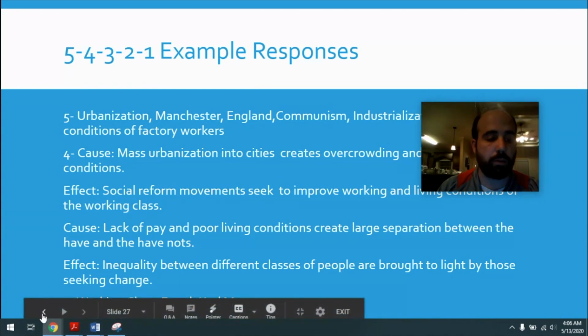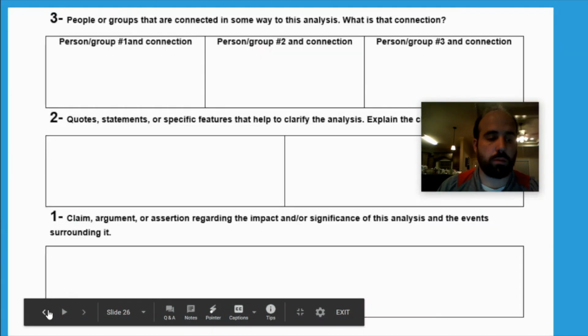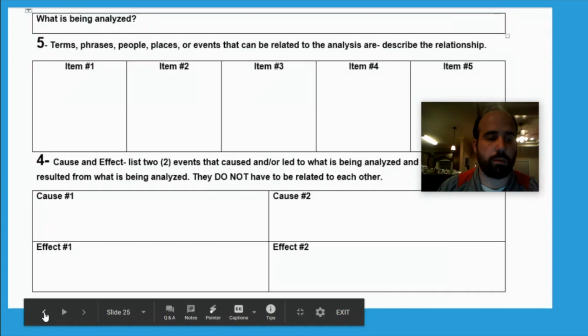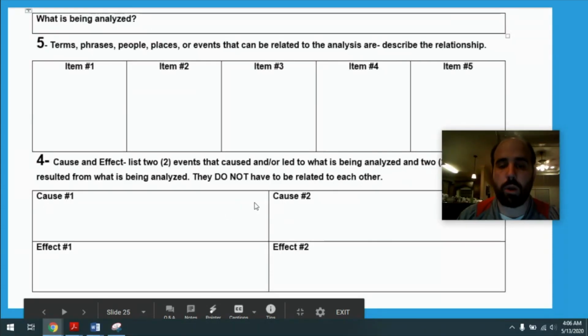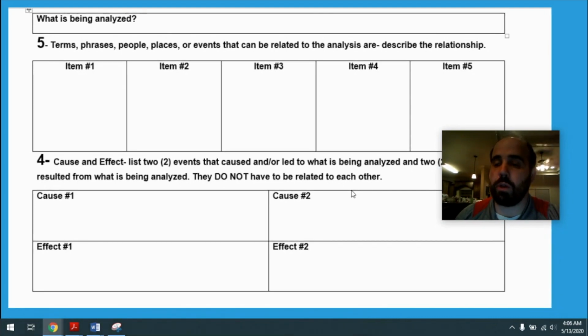So I want to go back really quickly. And what I want to do is point out this part. They do not have to be related. Mine were related because that's what your students are going to do as we learn cause and effect.